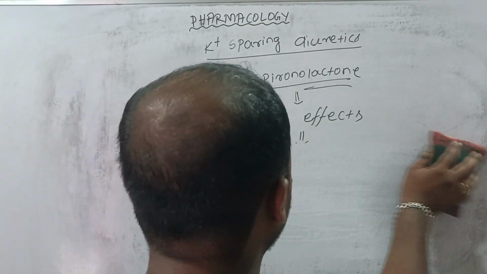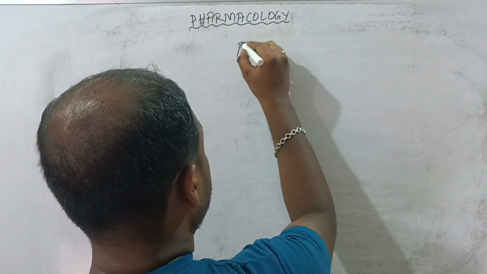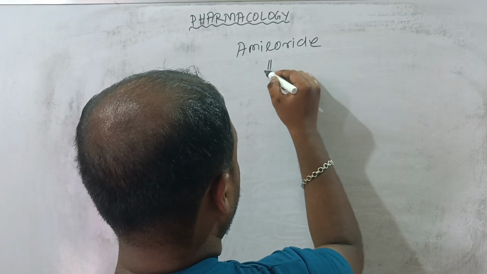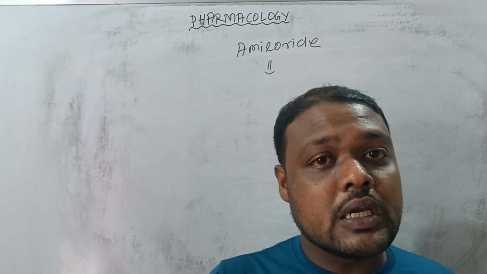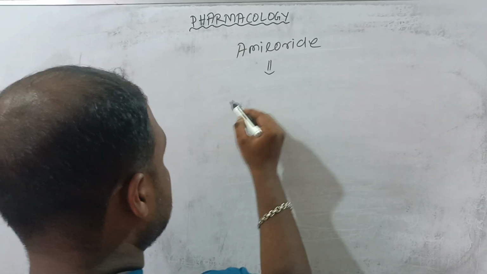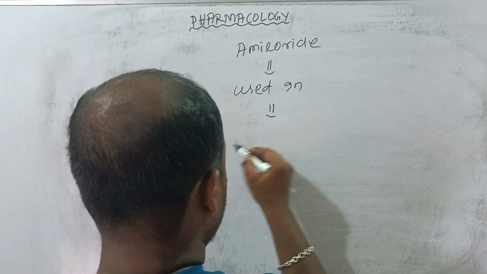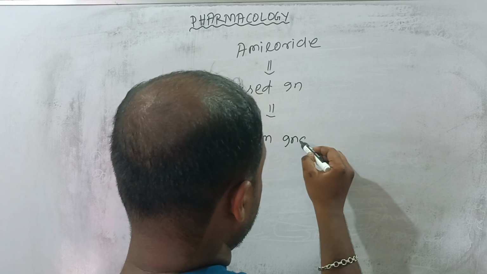Then another diuretic is amiloride. The amiloride diuretic is used in lithium-induced diabetes insipidus. Clear?